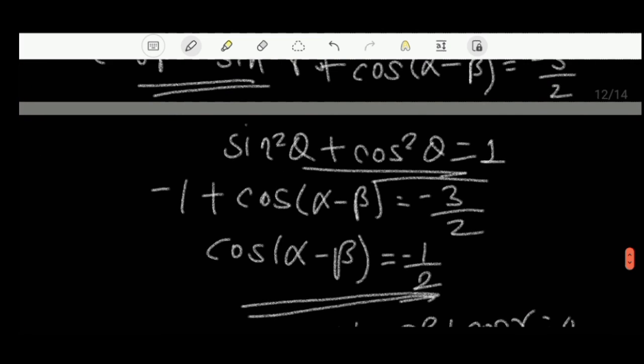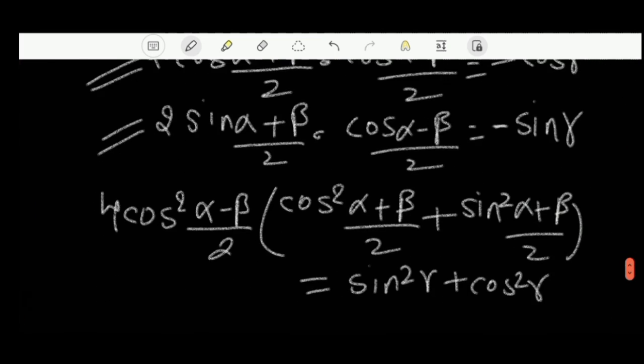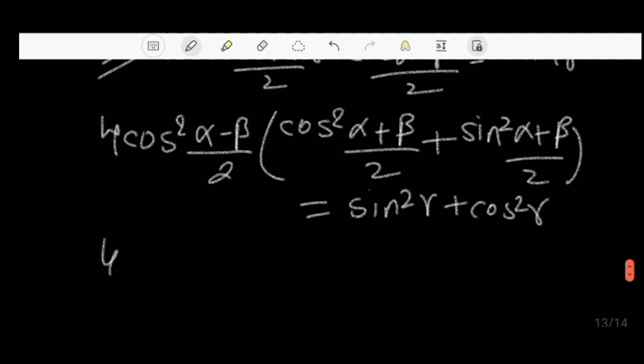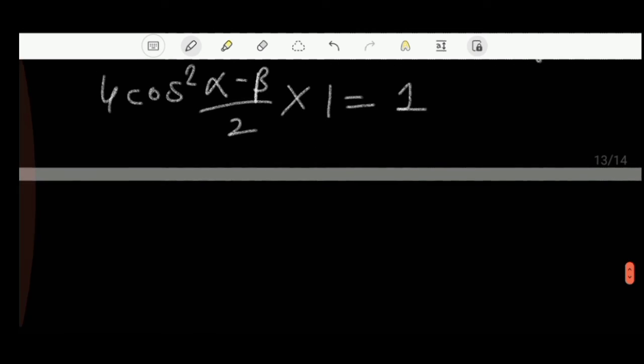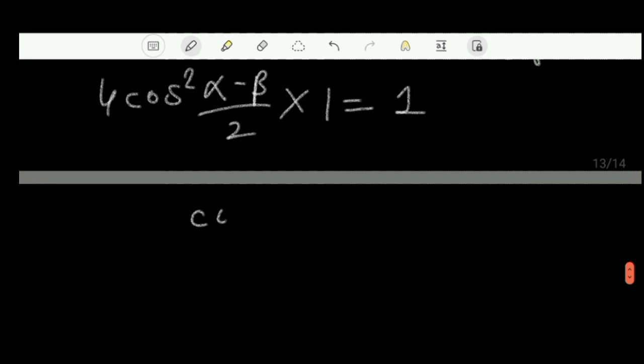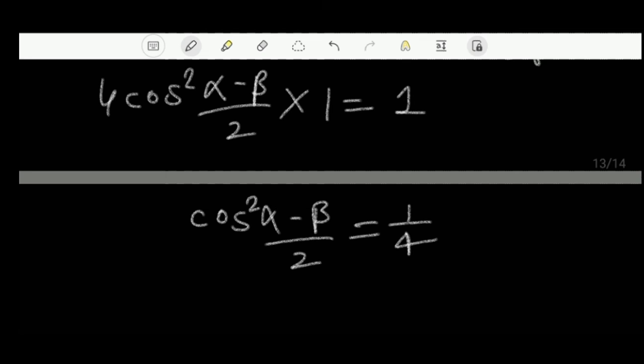So we can simply apply this identity again. So we will obtain that 4 cos square((alpha minus beta) by 2) multiplied by 1 equals 1. So this will give you the value of cos square((alpha minus beta) by 2), which is equal to 1 by 4.